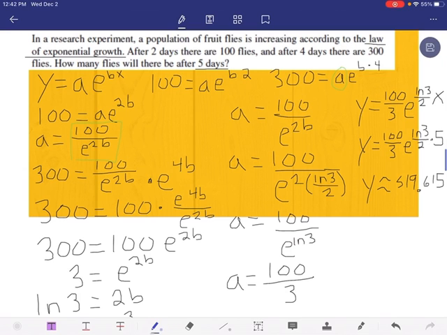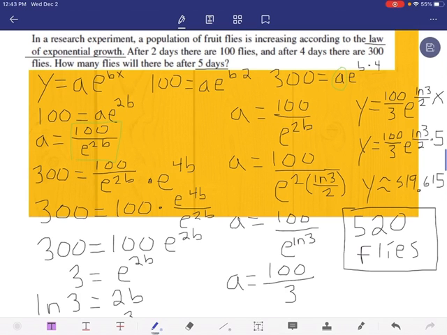Now remember that we're talking about a real-world application in this problem, and so we're talking about flies. We don't really want a decimal of flies, so we're going to go ahead and round up. So we have approximately 520 flies after 5 days. And so that would be our final answer.